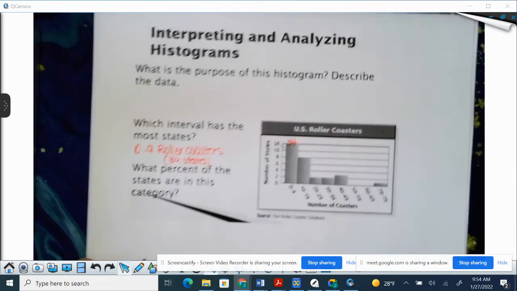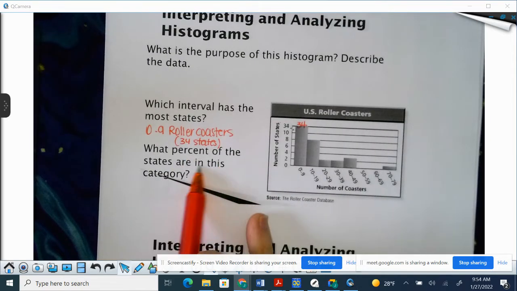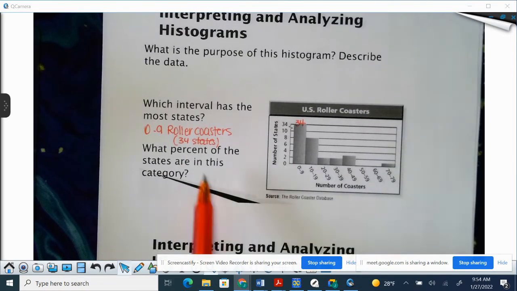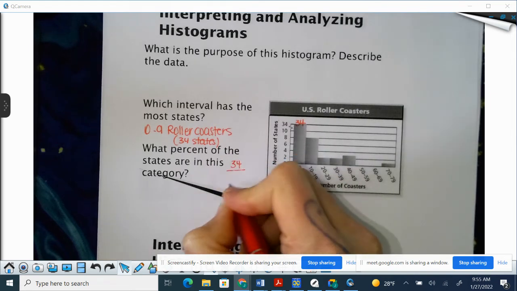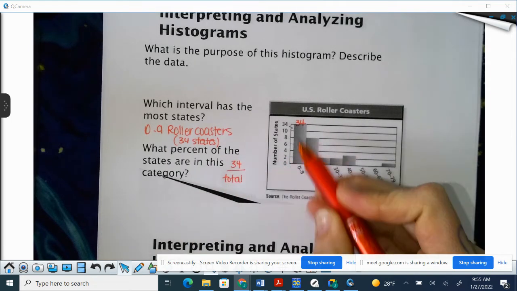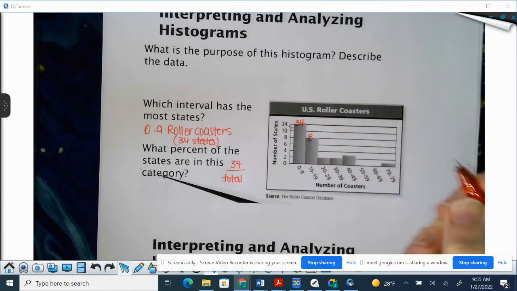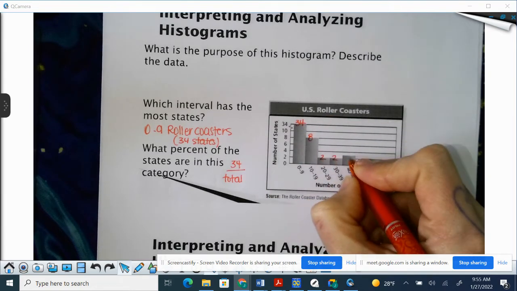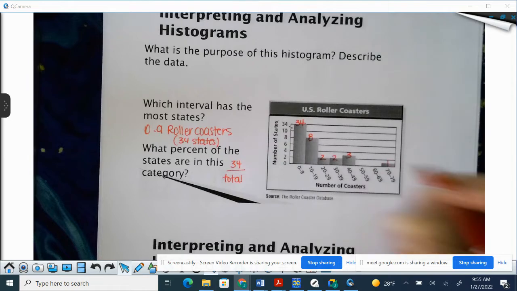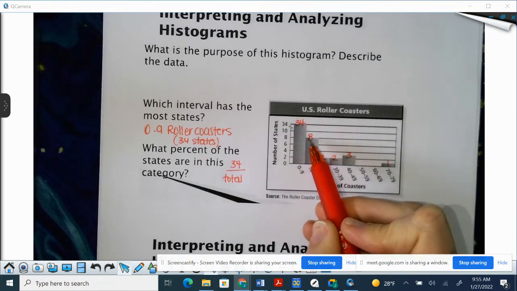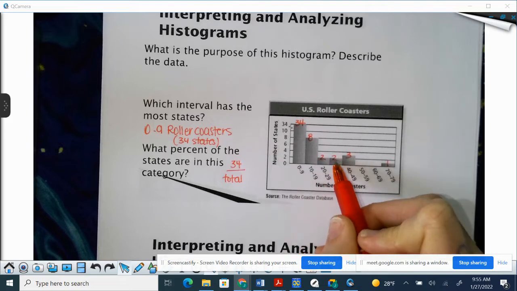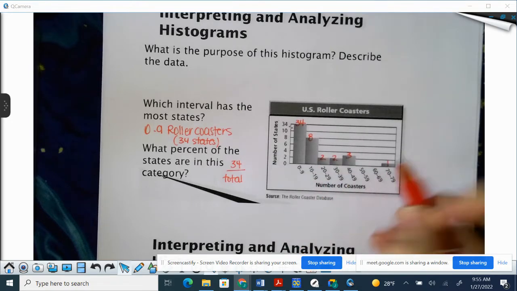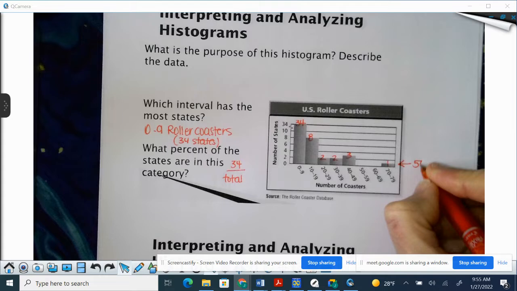What percent of the states are in this category? To do percents, that means 34, the number we're talking about, out of the total number of states. So I have 34, 8, 2, 2, 3, and 1. So 34 plus 8 is 42, 44, 46, 49, 50. So all 50 states are in this table.